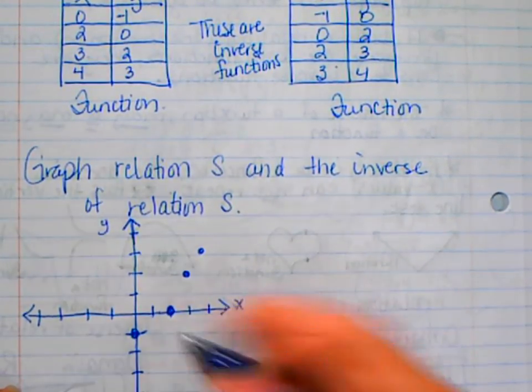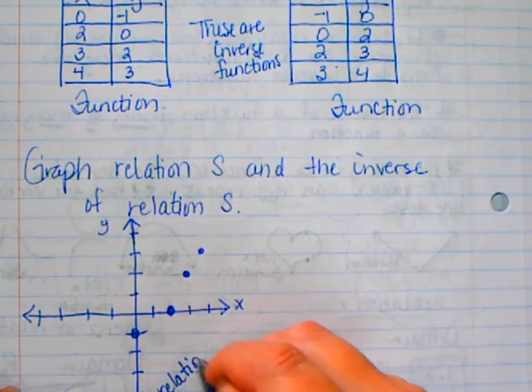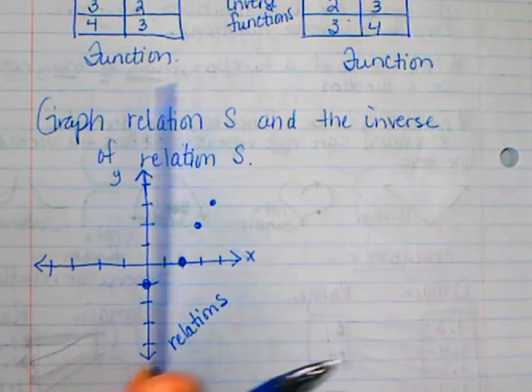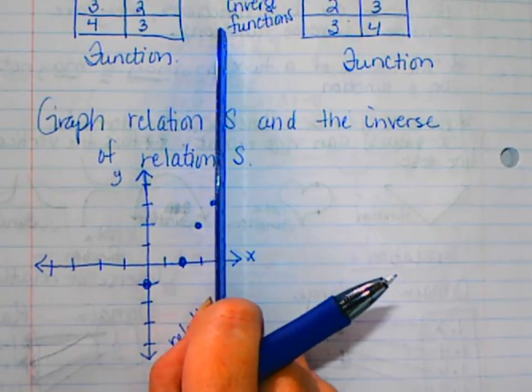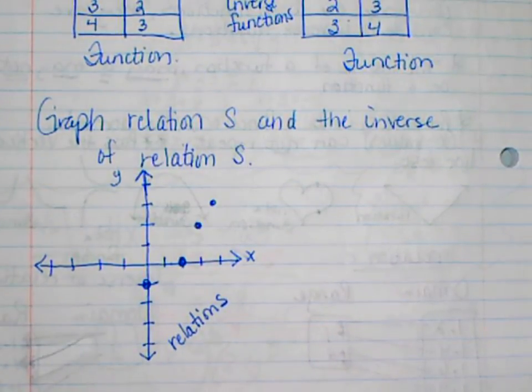And that is relation S. So looking at it graphically, does it pass the vertical line test? Yes, it does. There is not any place on this graph where any of the ordered pairs would touch my vertical line more than once. So it's a function.